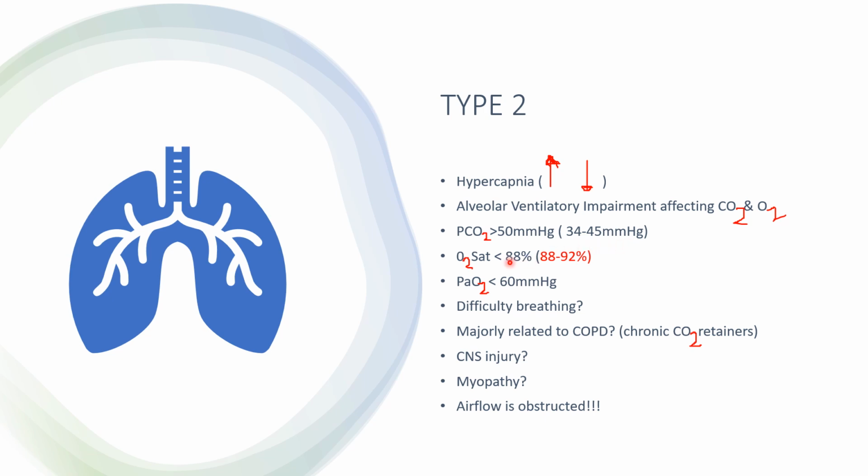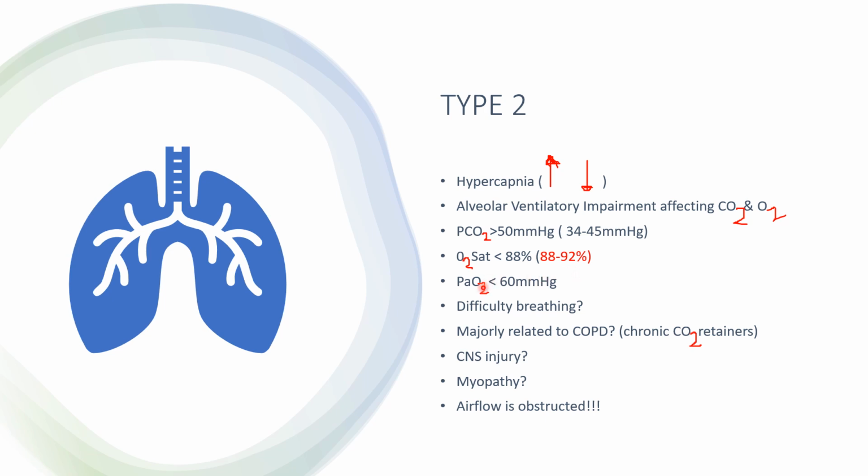This is very common in people with COPD, chronic obstructive pulmonary disease. So the O2 sat in them that will give us concern is anything less than 88%. If we are able to pick 88 to 92%, we are fine.